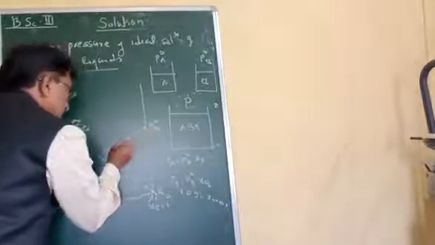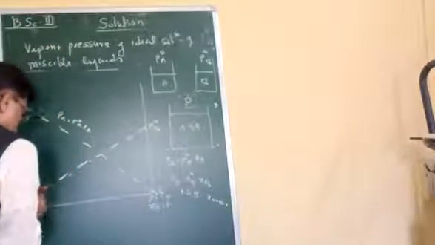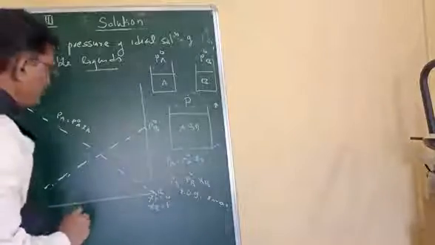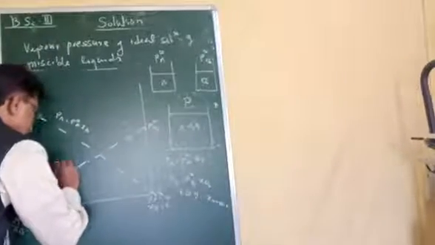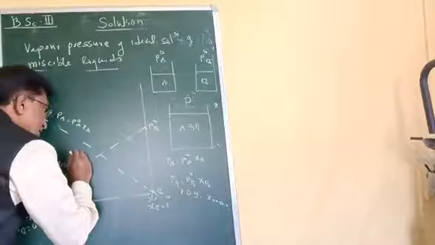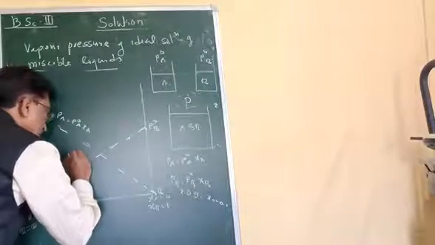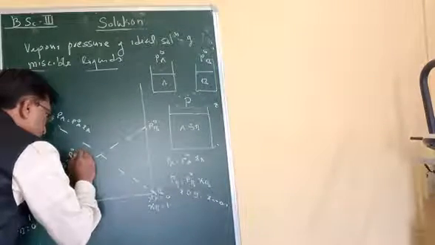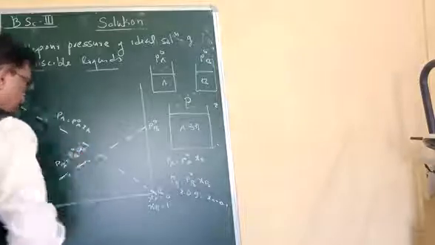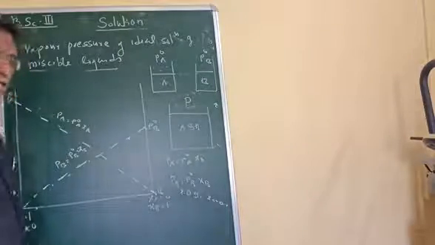If we connect these points, we get this curve, and this curve represents the partial pressure of B, which can be calculated using the equation P0B into XB.